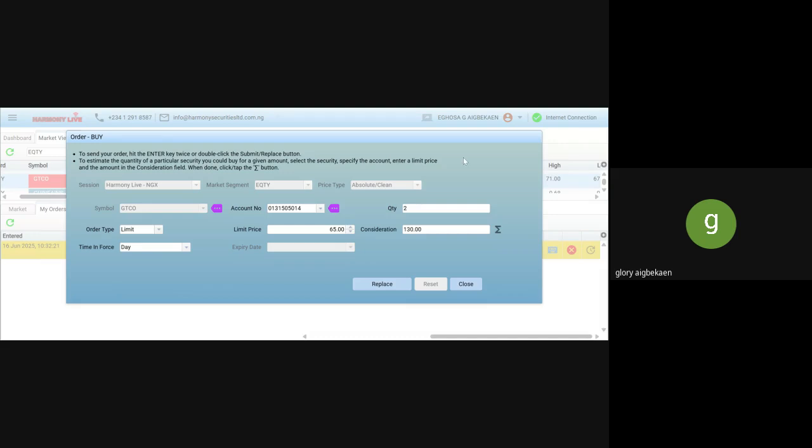This is the window for the buy order. We want to replace it.